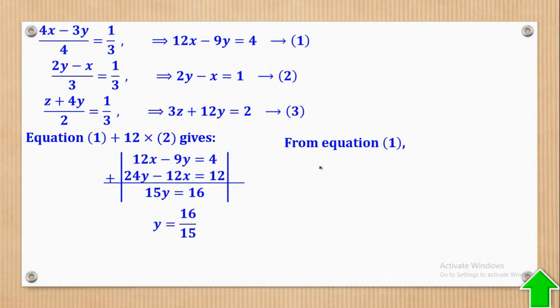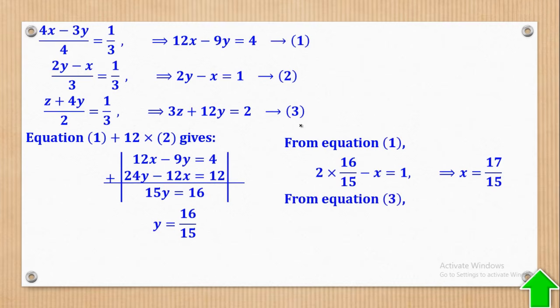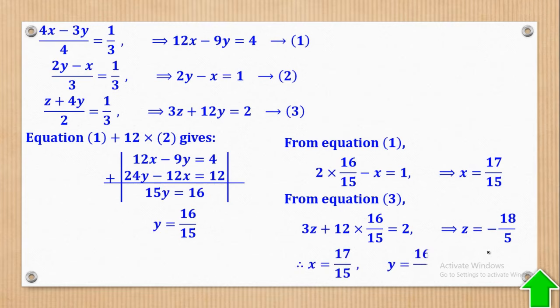Then from equation 1, I'll substitute for y to get the value of x as 17 over 15. Also from equation 3, I'll substitute for y and get the value of z as negative 18 over 5. Therefore, x is 17 over 15, y is 16 over 15, and z is negative 18 over 5.